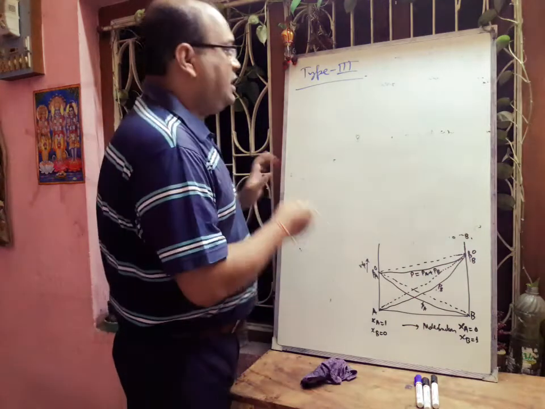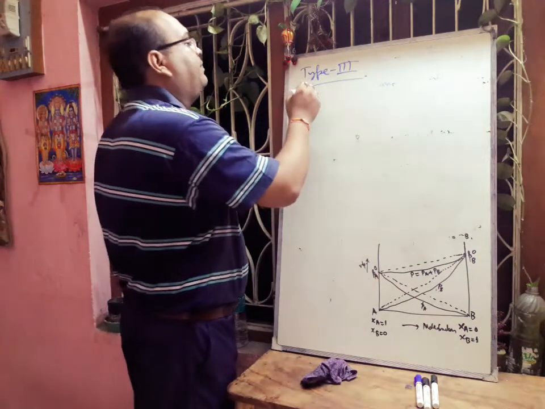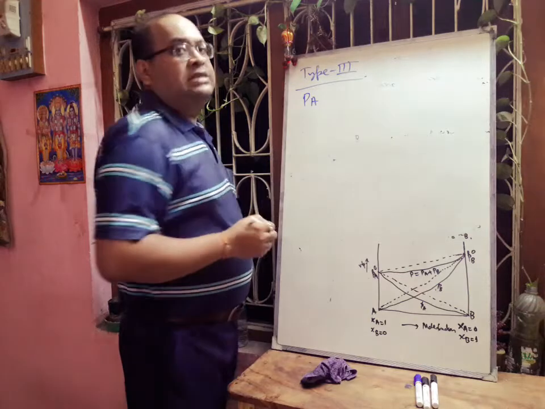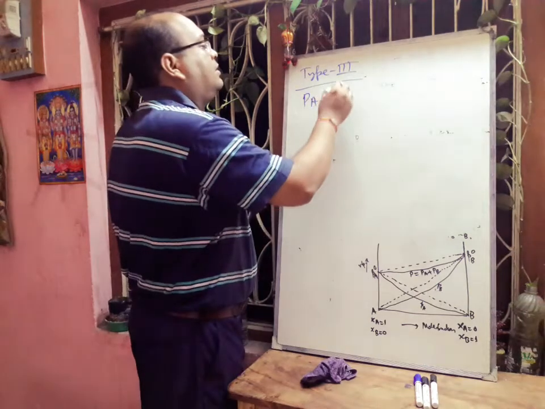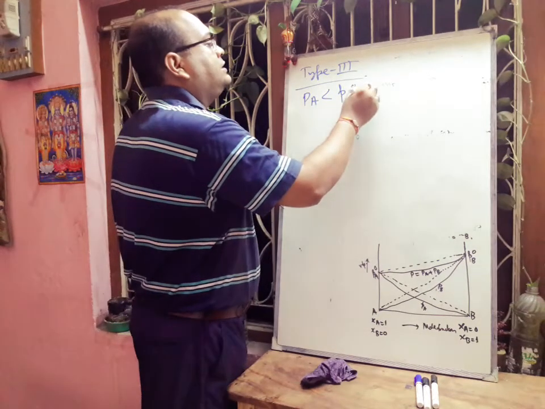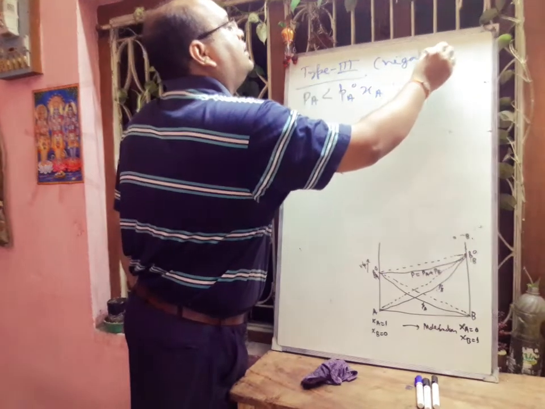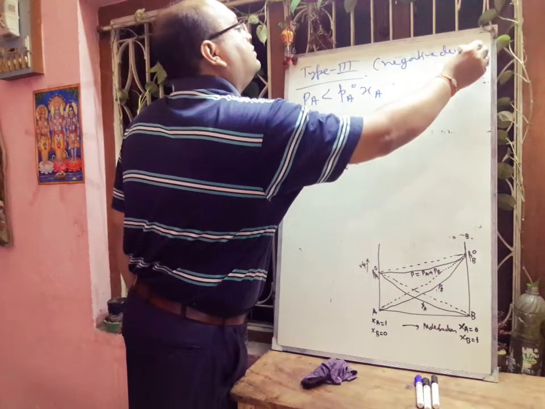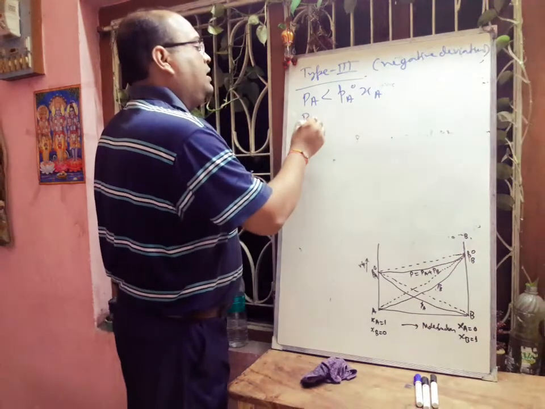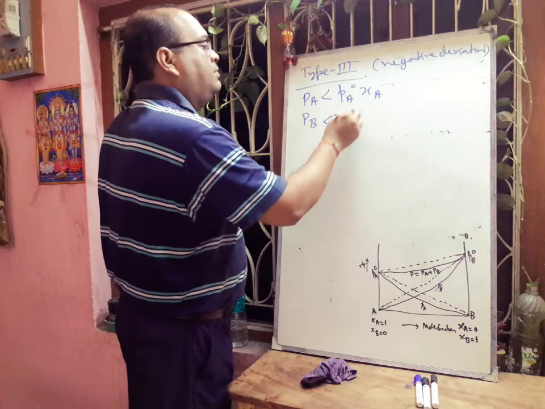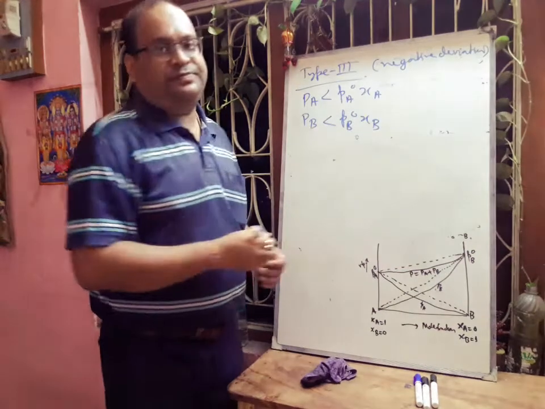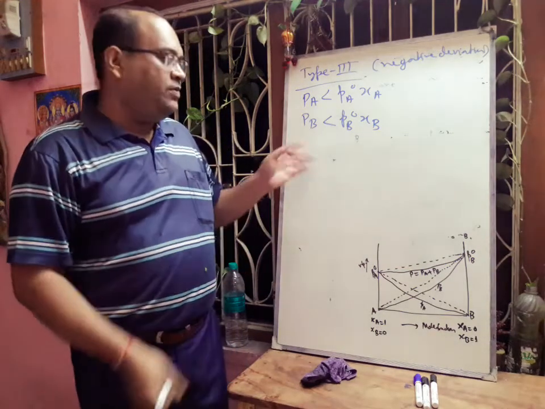So here always PA is less than PA0 into XA, showing that negative deviation, and PB is less than PB0 into XB. So hope you can understand.